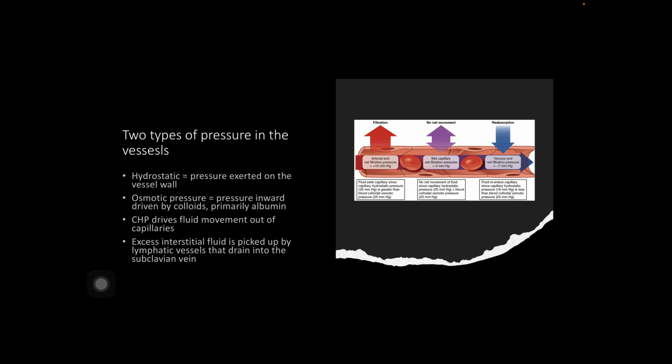That helps retain that fluid within there. Essentially, these filtration mechanisms can lead to edema, right? When we have excess filtration and low reabsorption pressure, low osmotic pressure, that's going to lead to increased fluid leaking out of vessels.